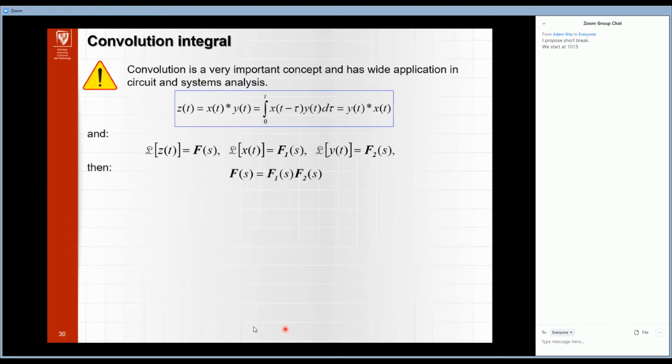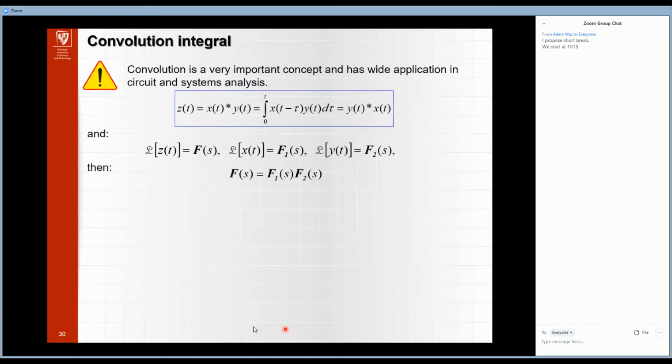So there is another concept, which is connected with property number 10, convolution. Convolution is a very important concept and has wide application in circuit and system analysis.